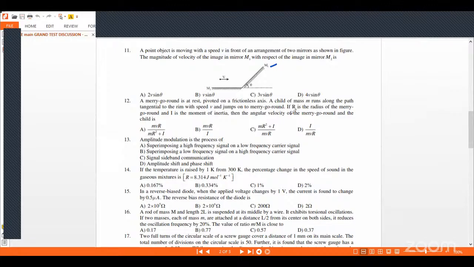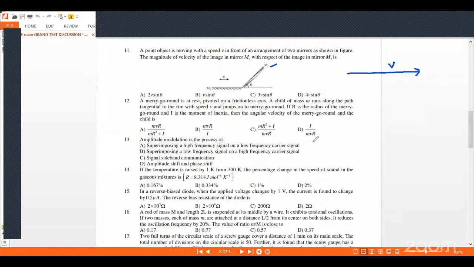Okay. So firstly, in mirror M2, whatever the object is moving, the velocity of the image is also the same. Like this, we have the velocity of the object along the same direction.